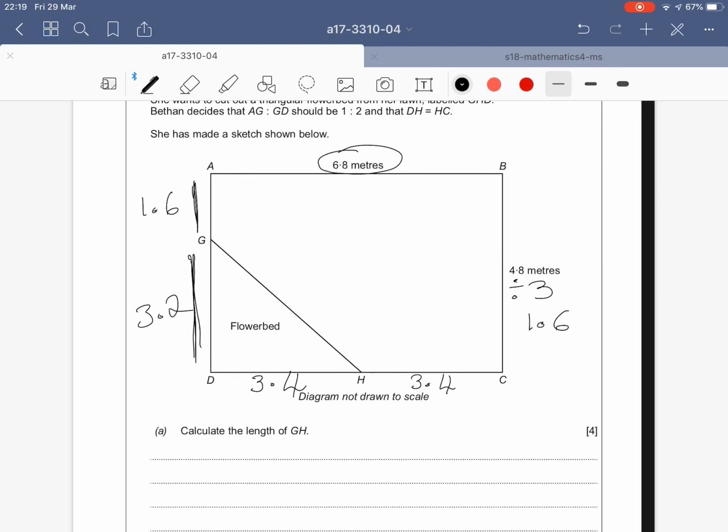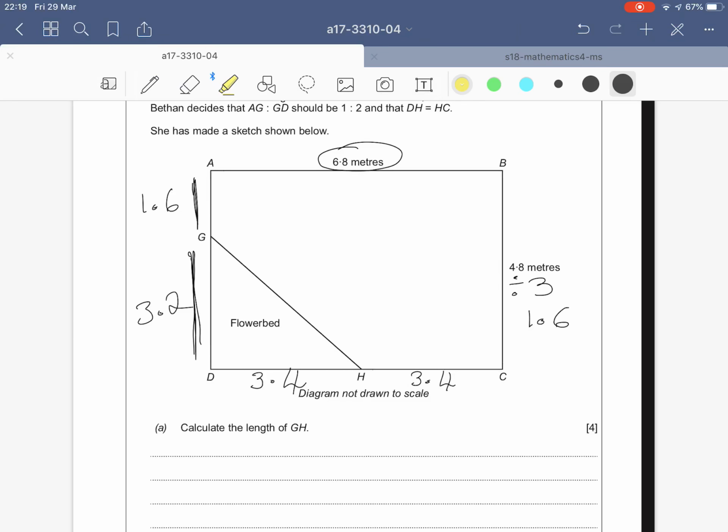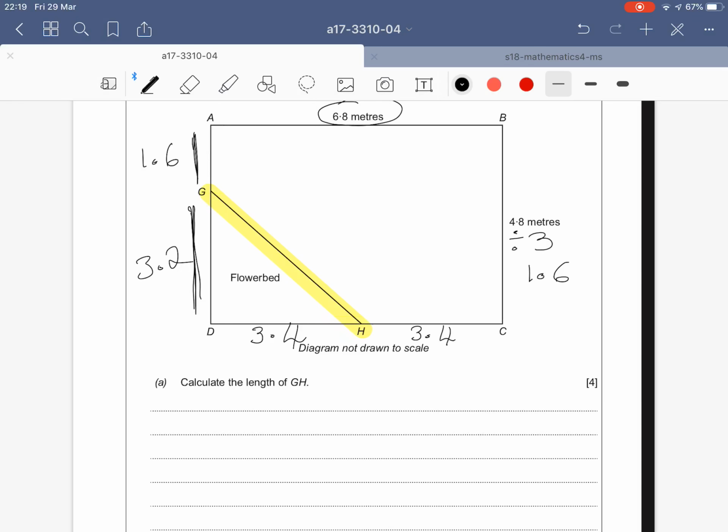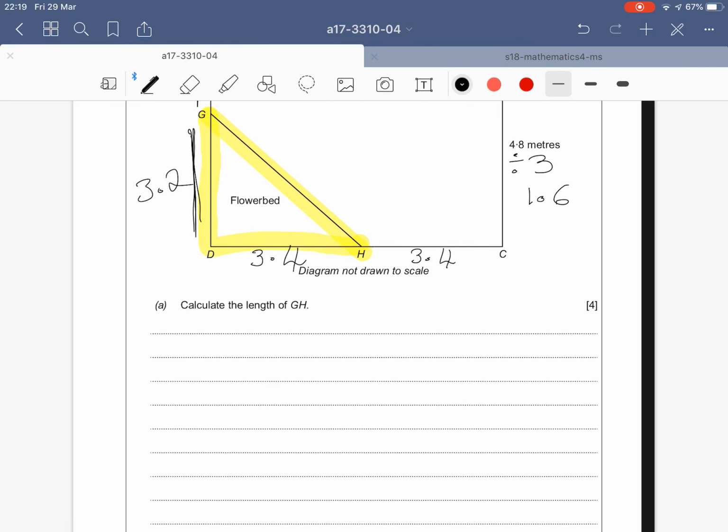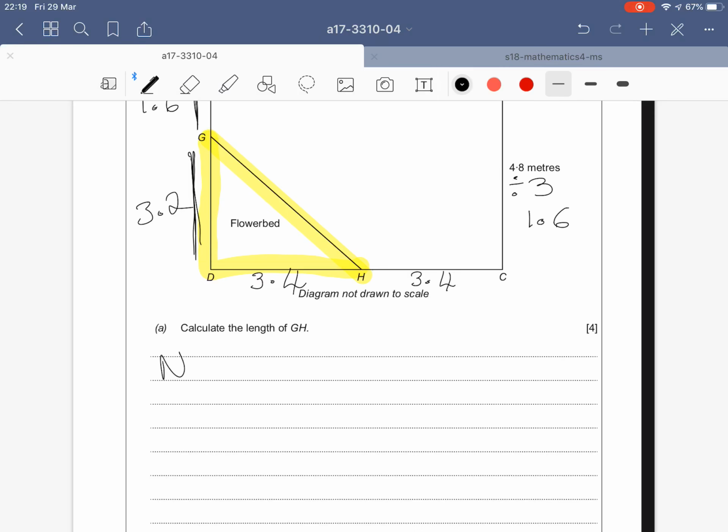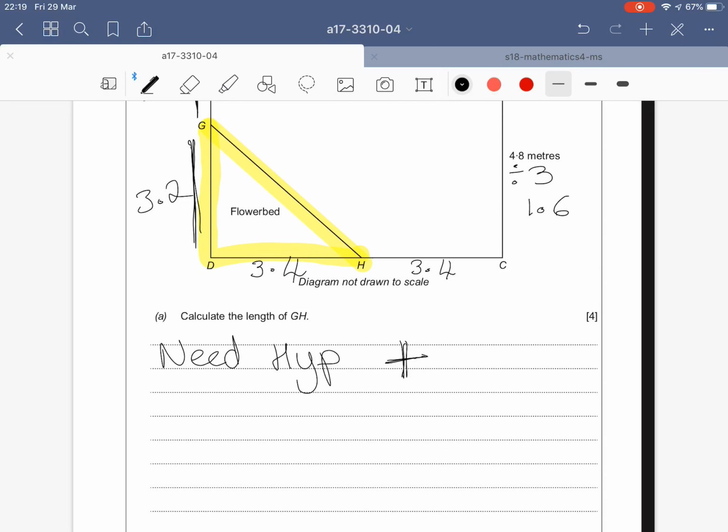Calculate the length of GH. Right, Pythagoras. So we've got a nice triangle here. So we've got to calculate that length. Now we need the hypotenuse. When we need the longest side, we square, add, and then square root.